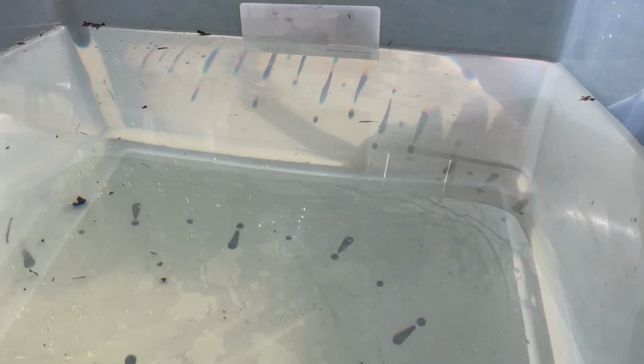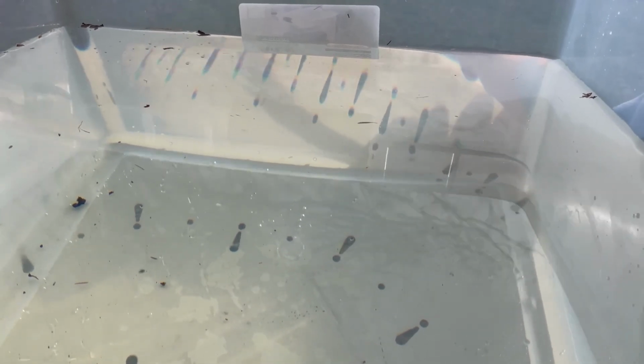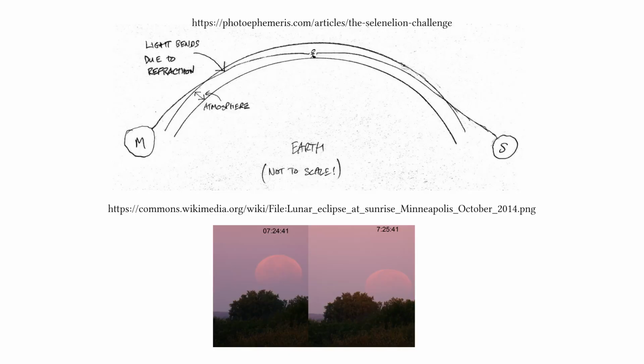That's more like what's going on with the selenium eclipse. We're seeing the image of the Earth's shadow reflected on something, but the image of that shadow is being refracted after it's reflected, not before.